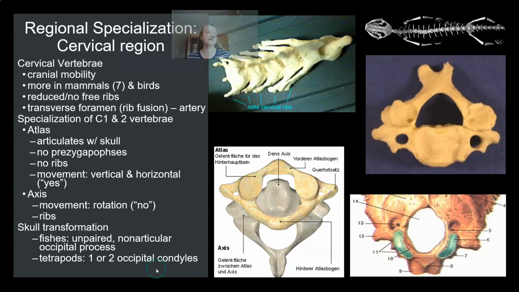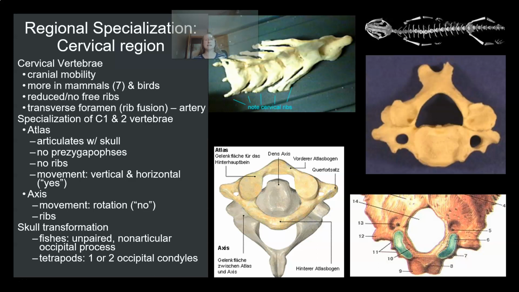Again, in humans, we don't have any. Again, we have specialization of the C1 and C2 vertebrae, the atlas and axis. And I already talked about that, and the articulation with the skull. They don't have any prezygapophyses, there are no sticking up projections, so we do have motion with yes and no. With the skull, we also see transformations here.